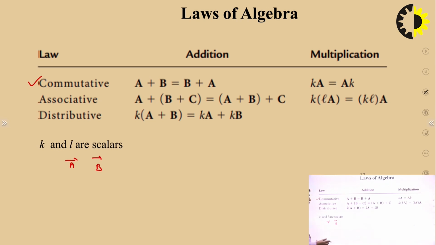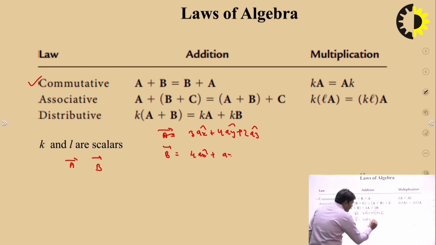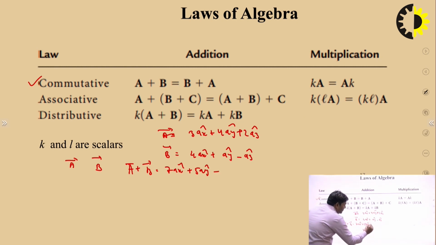So we have to prove this. If vector a is defined as 3ax plus 4ay plus 2az and vector b is defined as 4ax plus ay minus az, then on the LHS, vector a plus vector b is equal to 7ax plus 5ay plus (2 minus 1)az. So on the LHS we receive the sum a plus b as 7ax plus 5ay plus az.